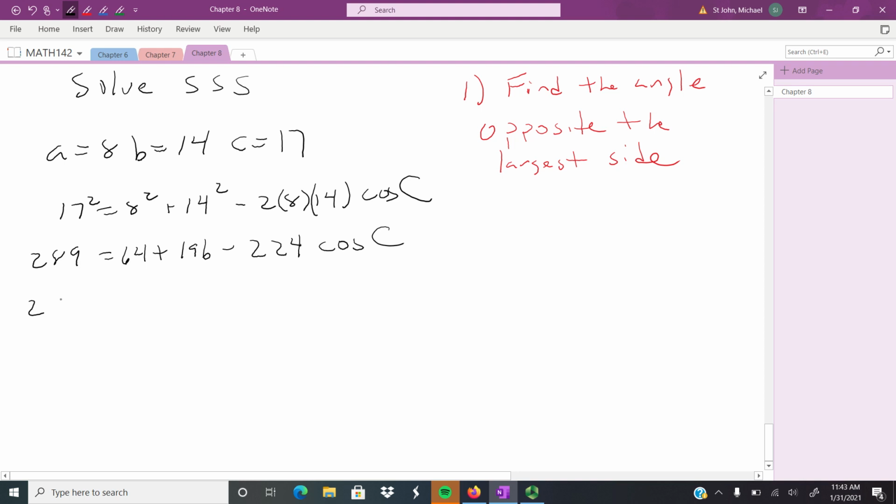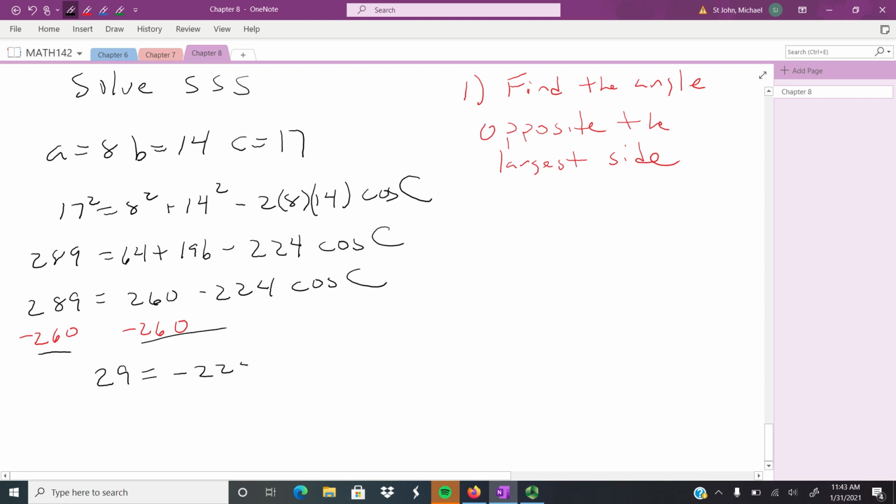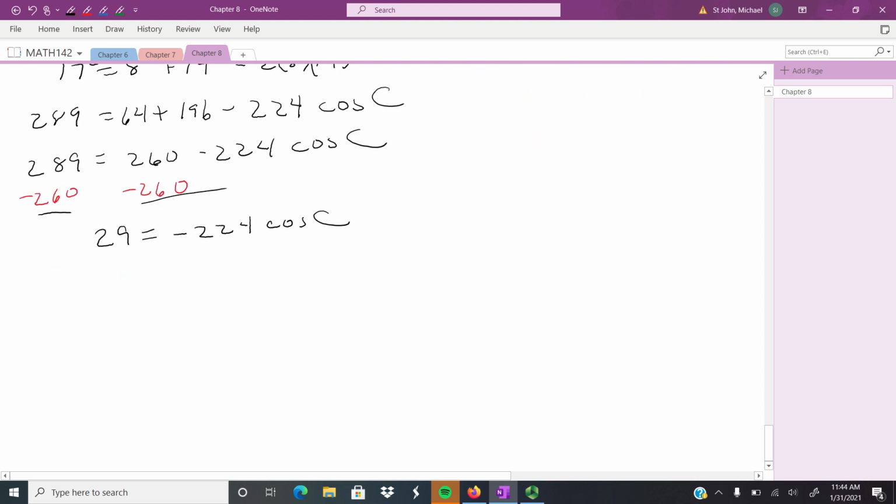So 289 equals 260 minus 224 cosine C. Subtract the 260, and so 29 equals minus 224 cosine C. And then we're going to divide and take the inverse cosine.